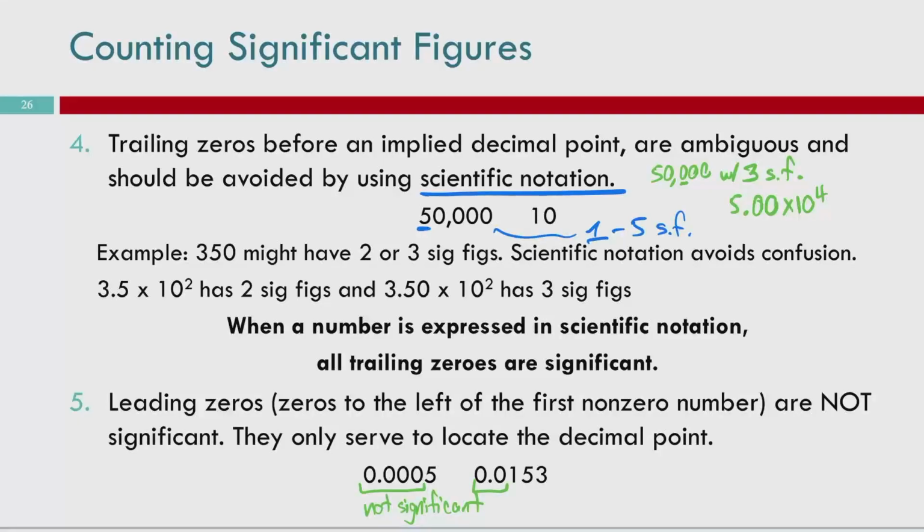However, a word of caution, a more relevant word of caution, those leading zeros, although they're not significant figures, are still important that we put them there. So if you write in 0.0005, that's a very small number. If you were like, oh, those zeros aren't important, we'll get rid of them, and you just write 5, that's a very different number. Right? So it's important that we write them. They just don't count for significant figures.